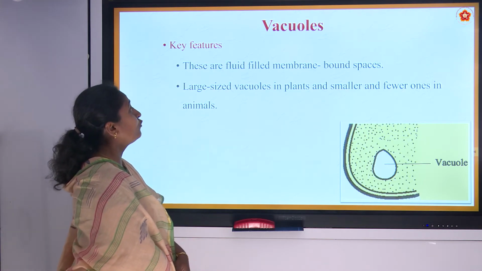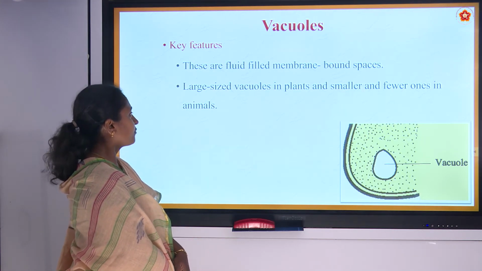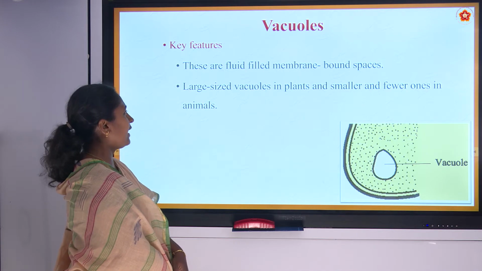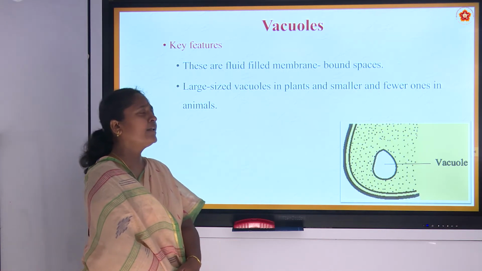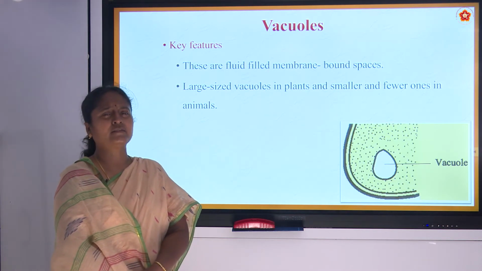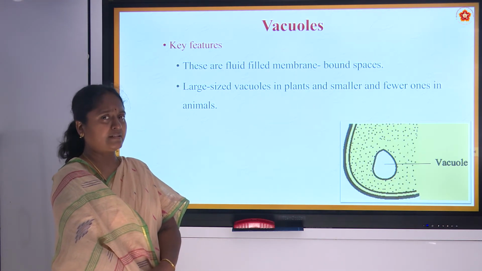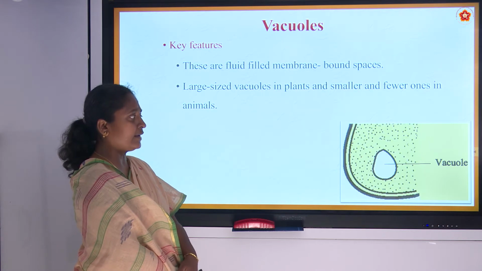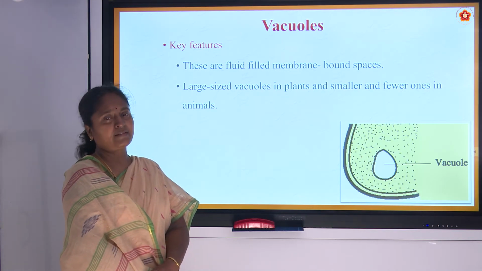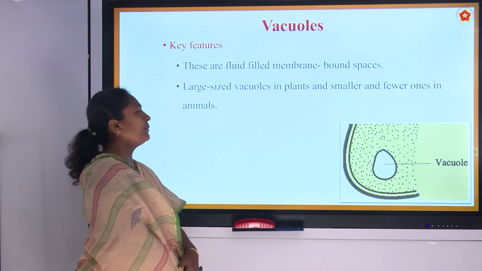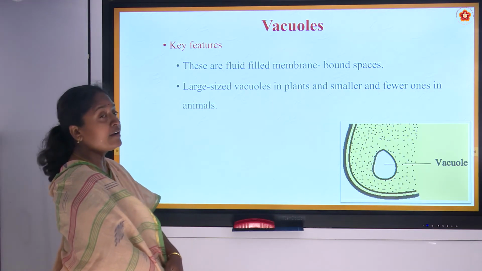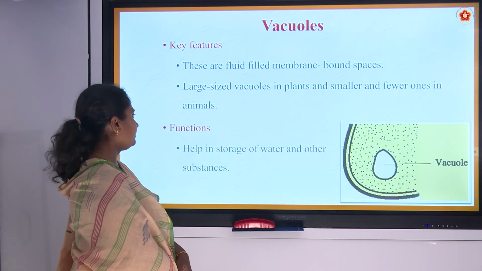So, it is a fluid filled, membrane bound space, and large vacuoles are present in plants, and smaller ones, very few, are present in the animal cells. Mostly in plant cells we can see the vacuole present and it is a little bigger in shape, right. So, these are important organelles which are non-living parts of a cell.